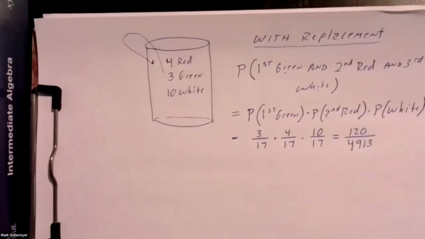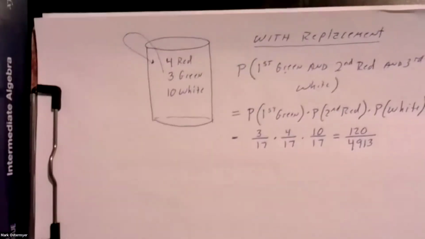So that's the probability of pulling out a green ball on the first selection, a red ball on the second selection, and a white ball on the third selection with replacement. Okay, you can see that that's a small probability.